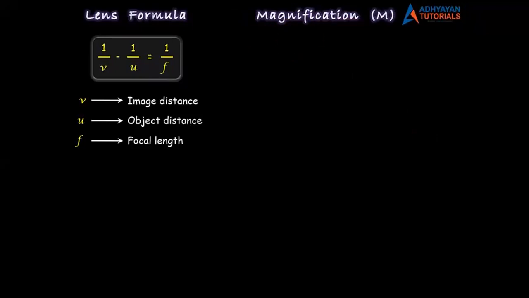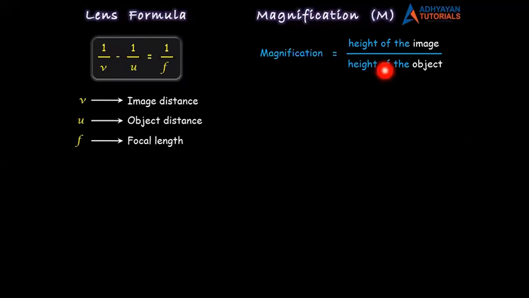See, remember children, magnification is the ratio of the height of the image to the height of the object. एकदम simple definition है. मैं फिर से definition repeat करता हूँ, तुम लोग वो सिर्फ formula को देखो. Magnification is the ratio of the height of the image to the height of the object. Now let us convert this into a formula.